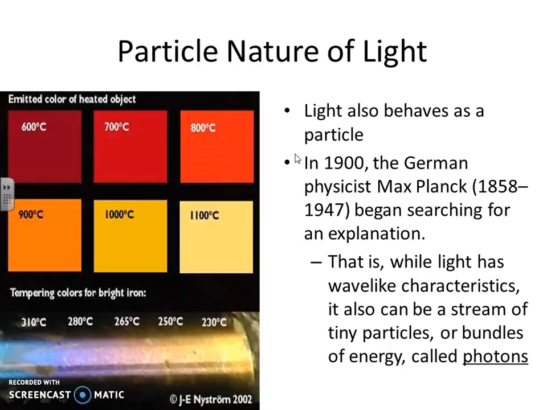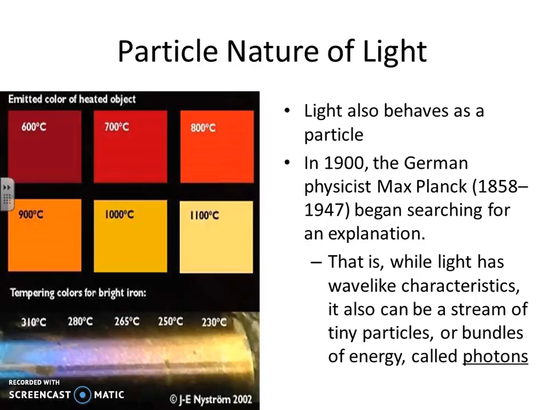So he decided that it has wave-like characteristics, but it can also be a stream of tiny particles or bundles of energy called photons. So that's your blank for number 11.